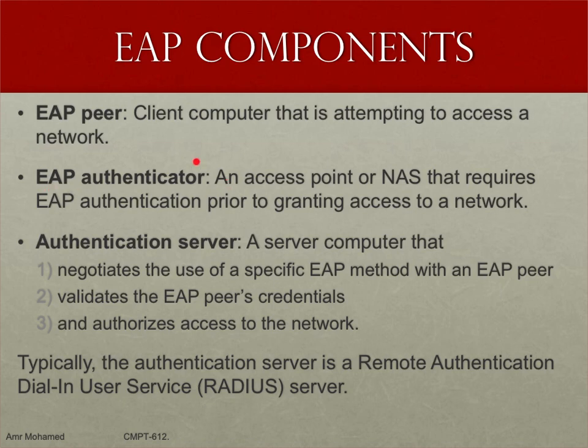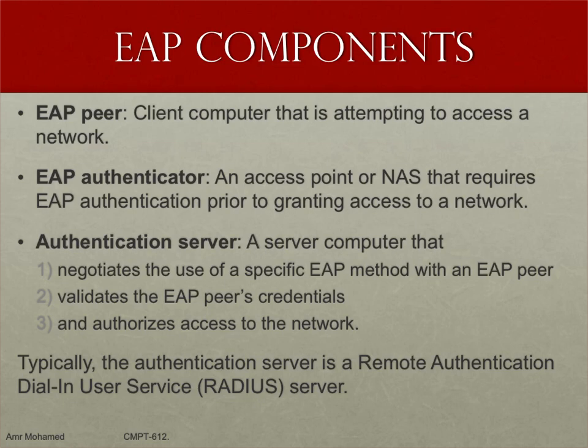So this EAP authenticator is the entry point of the system, okay? But remember, this authenticator does not necessarily contain the authentication protocol, which is IKE or TLS. Okay? So this is the entry point to the network, right?